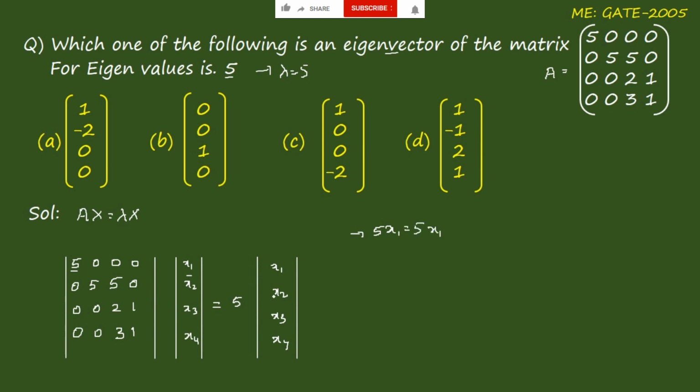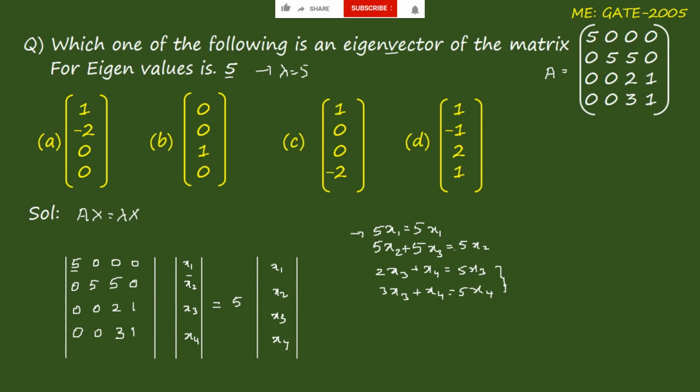Again equate these two. Next we're getting 5x2 plus 5x3 is equal to 5x2. And again you're getting 2x3 plus x4 is equal to 5 times x3. Another one is nothing but 3 times x3 plus x4 is equal to 5 times x4.